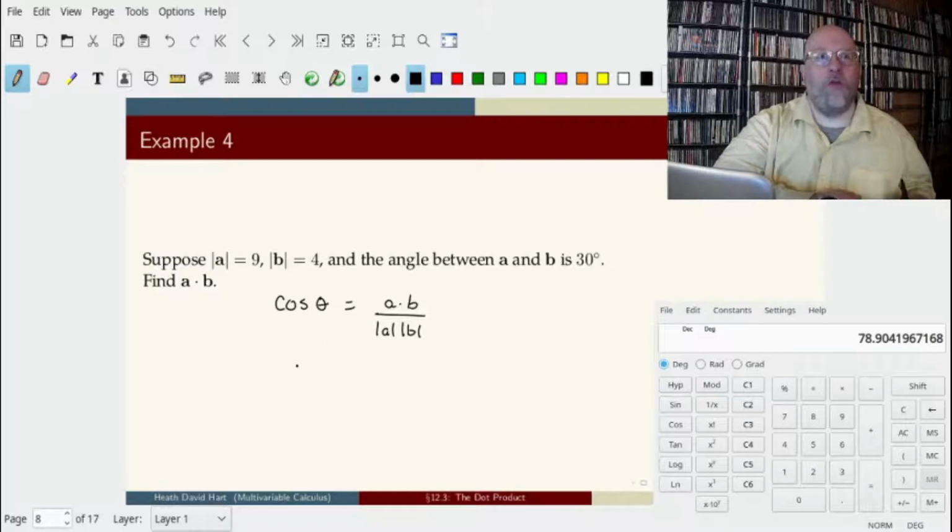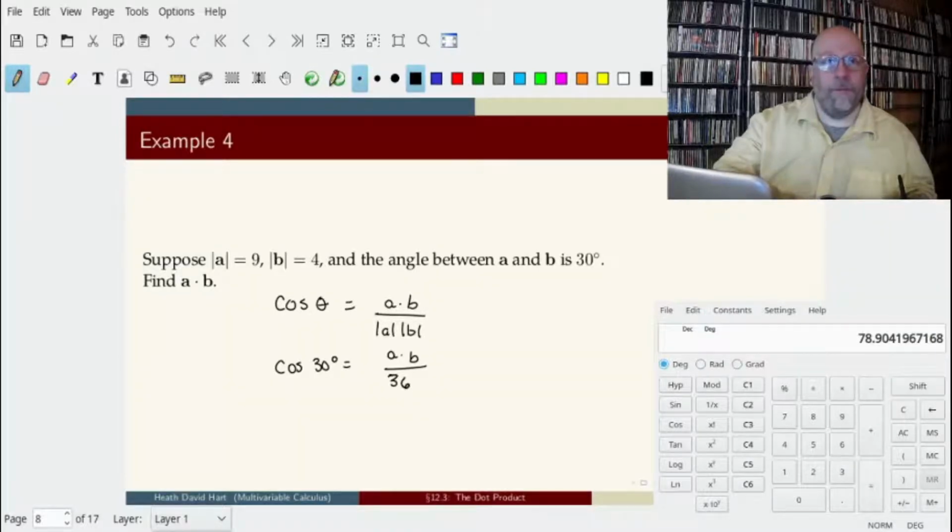We don't know what the dot product is. And so we know that the angle is 30 degrees. And the magnitudes are 9 and 4. So the denominator is going to be 36. 9 times 4. And so we should be able to figure out what the dot product is.